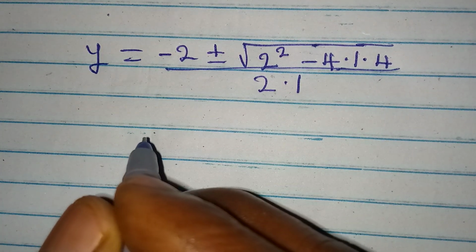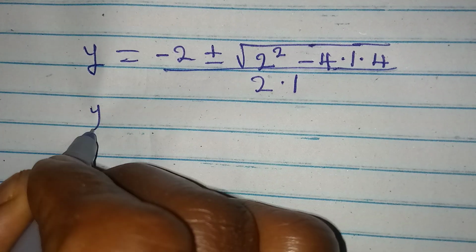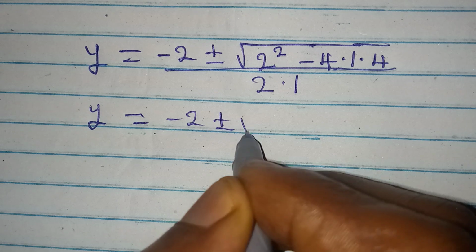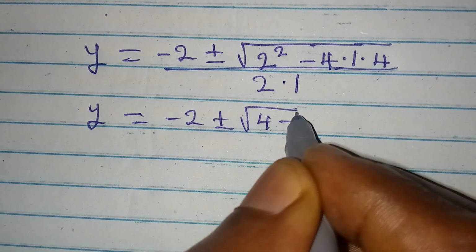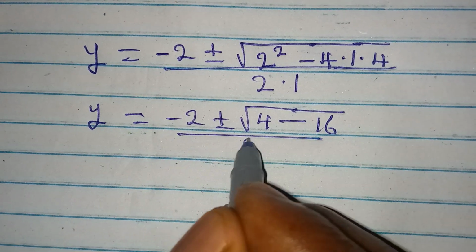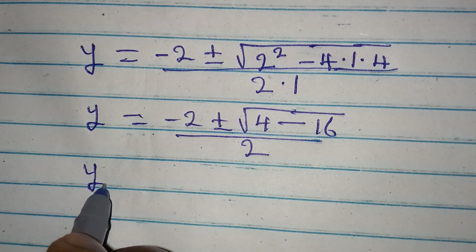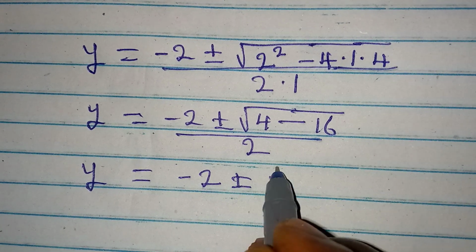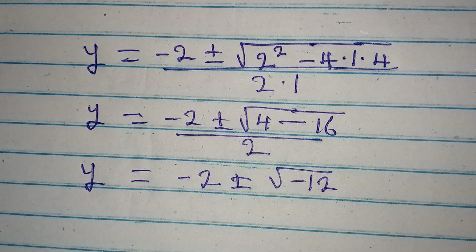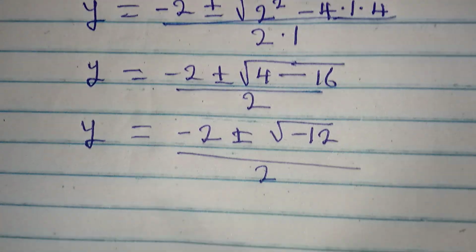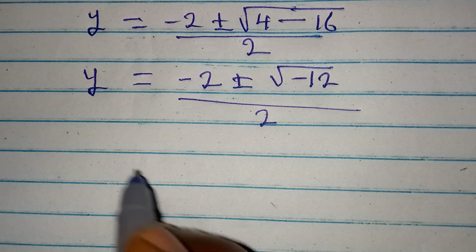Okay, so we have y to be equal to minus 2 plus or minus, we have 4 minus 16, and then this is over 2. Now y from here is minus 2 plus or minus square root of minus 12, and then the whole of this is over 2, right? Okay, so how do I proceed?